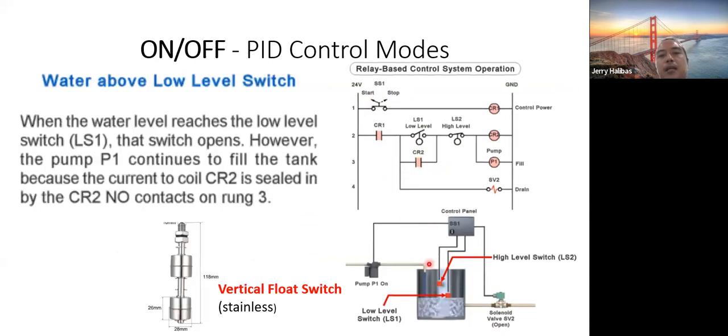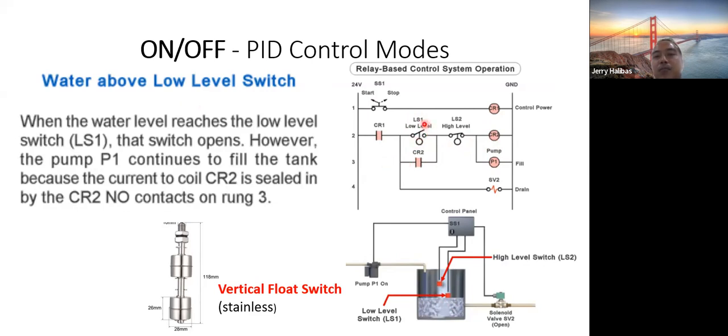Okay, so in this scenario, the water is above the low level. So the low level float switch LS1 floats, which means it becomes open. But since it's using an interlocking or latching design because of the CR2 relay coil, it is closed.